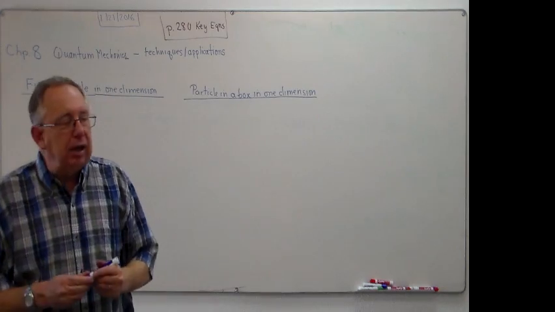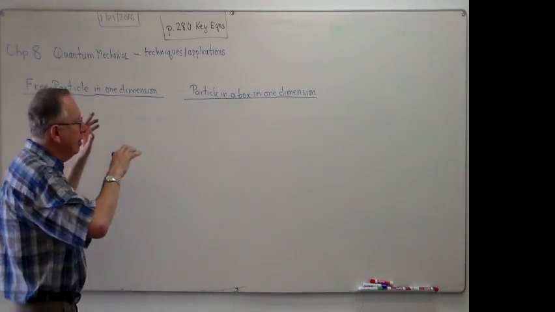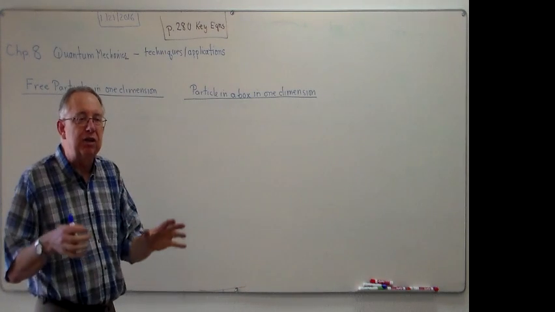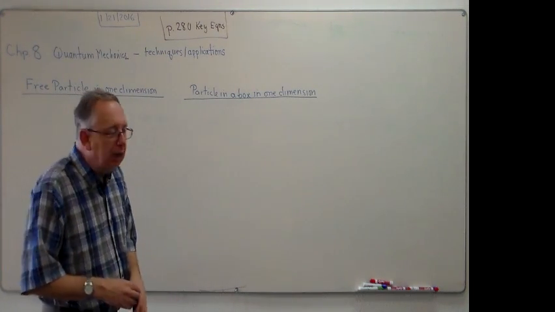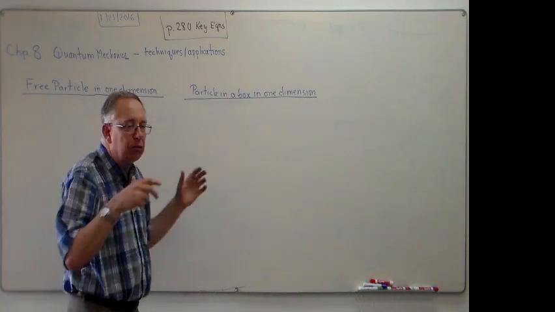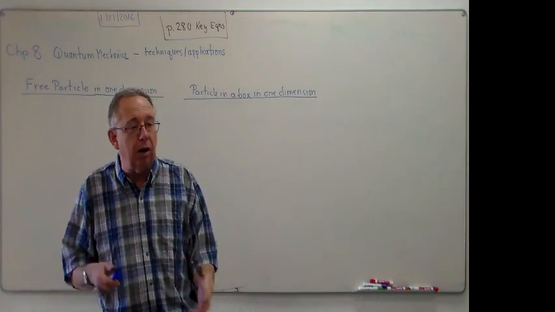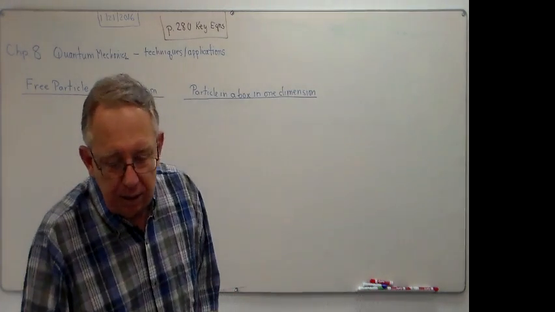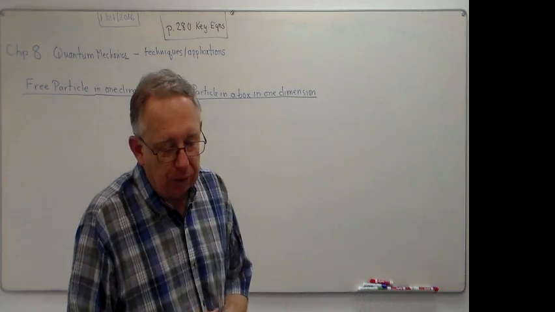If you properly understand these 2 cases, they provide the essential insight as to what's going on in quantum mechanics. And from these, we can readily generalize to the kinds of atomic and molecular systems that will direct our attention through the rest of the course.